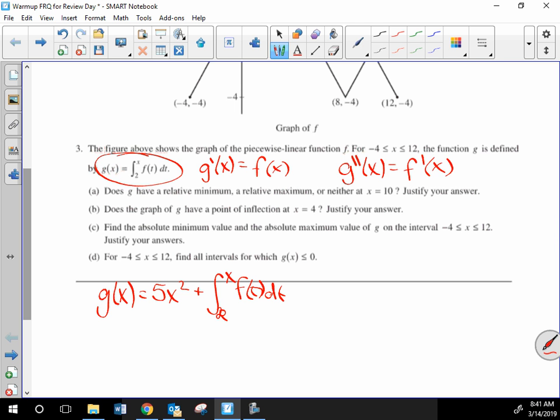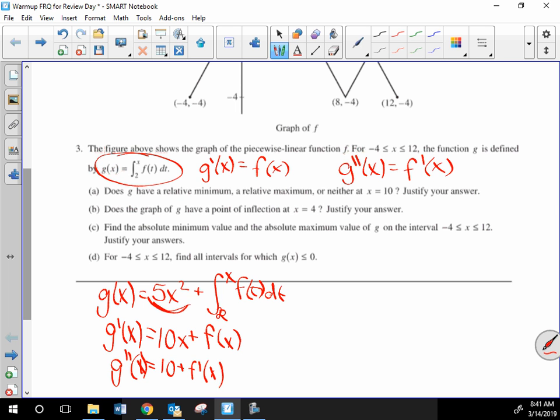Again, when you do your derivative, you would obviously take the derivative of this piece as well. So if I were to do my derivative here, I would have 10x plus, plug that in, we get f of x. And if I were to do my second derivative, I'd have 10 plus f prime of x. Okay, so don't forget about this piece here.